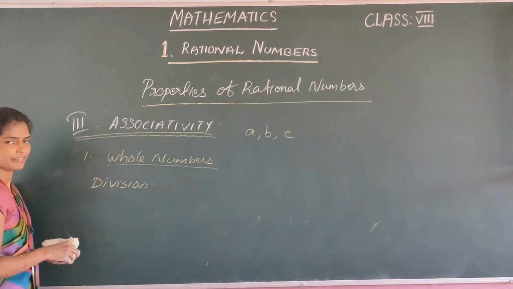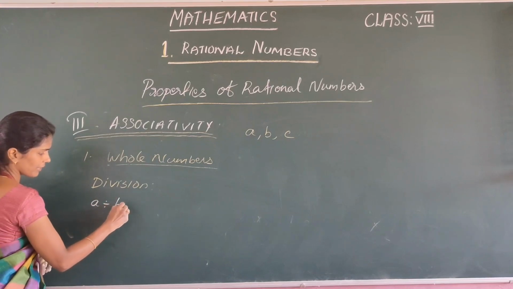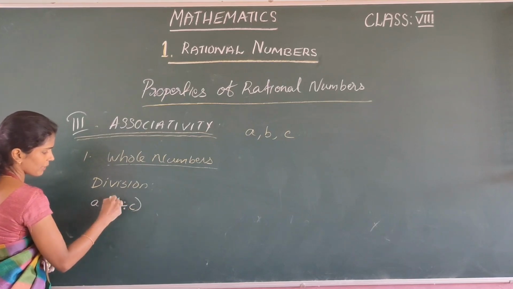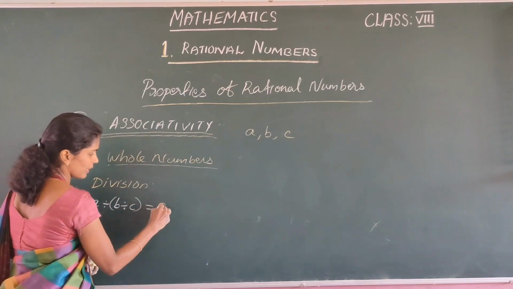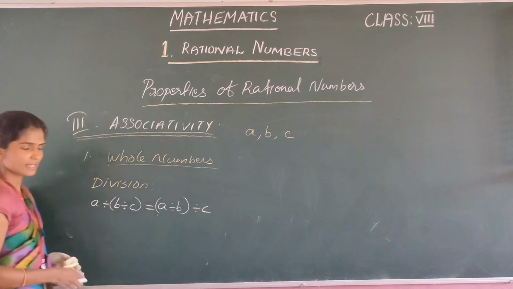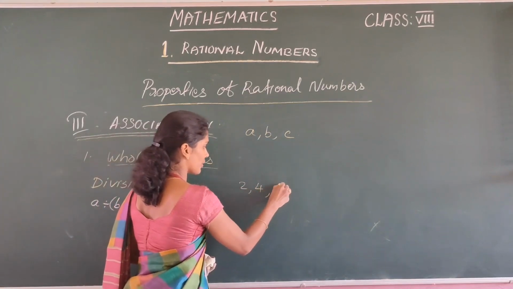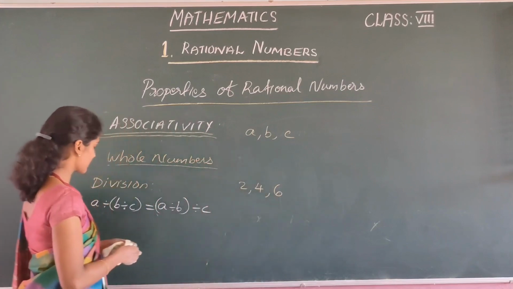Then check division. In the case of division, you want to find whether (a divided by b) divided by c is equal to a divided by (b divided by c). Take any three numbers, 2, 4, 6.